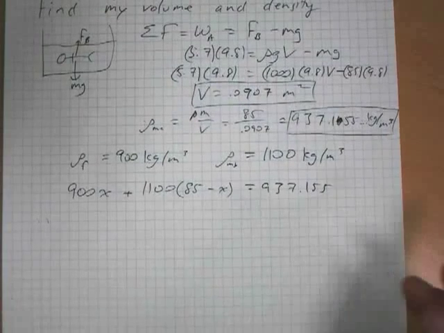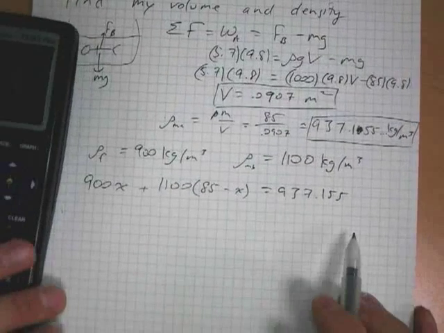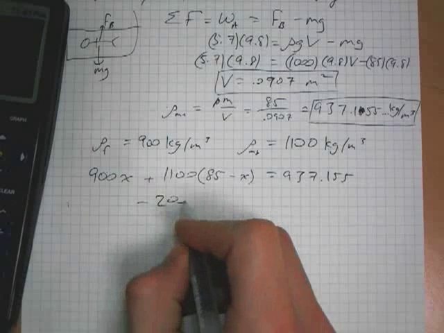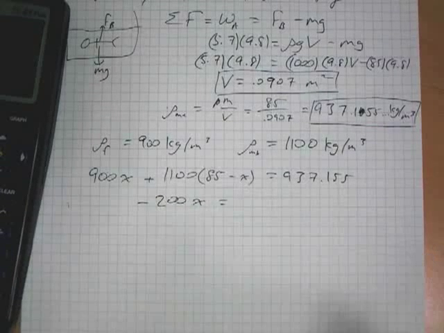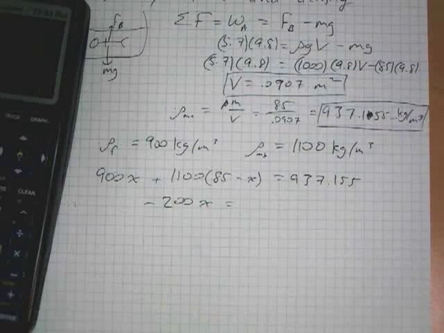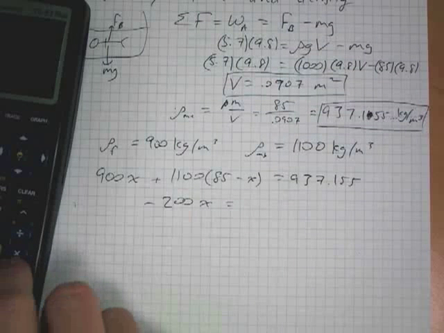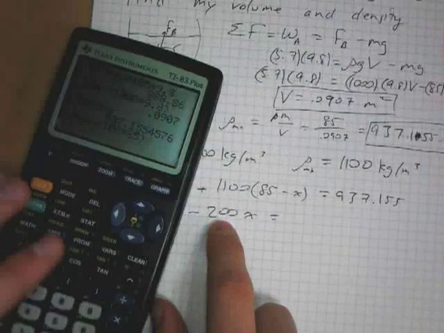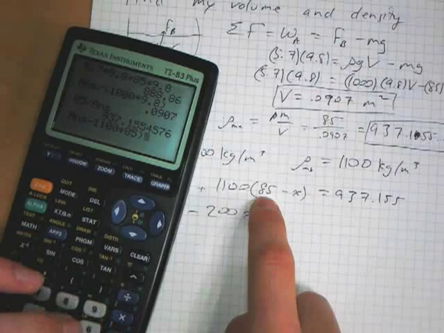We can use that to figure out our body fat percentage. So in this case, if I work this out, 900x minus 1,100x gets us negative 200x. We can subtract off this 1,100 times 85.